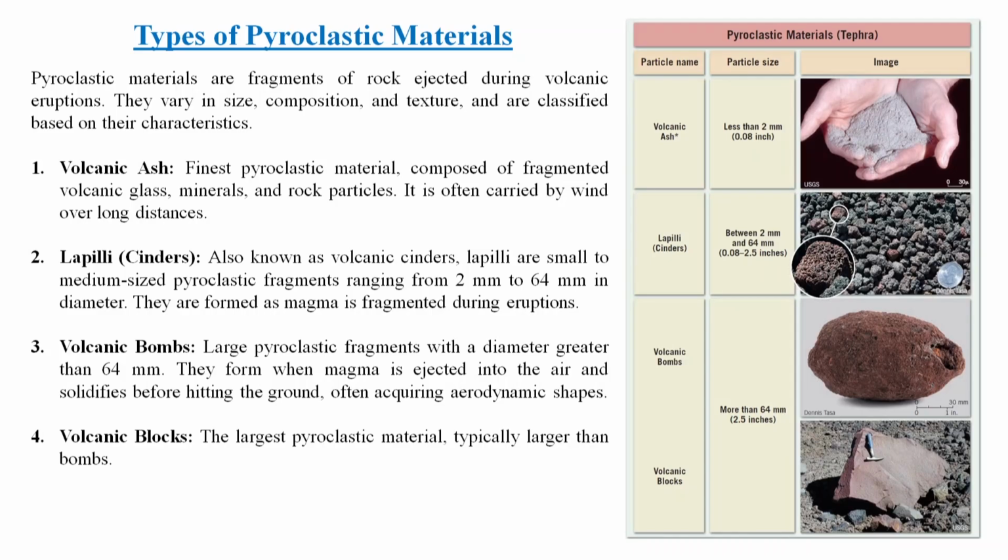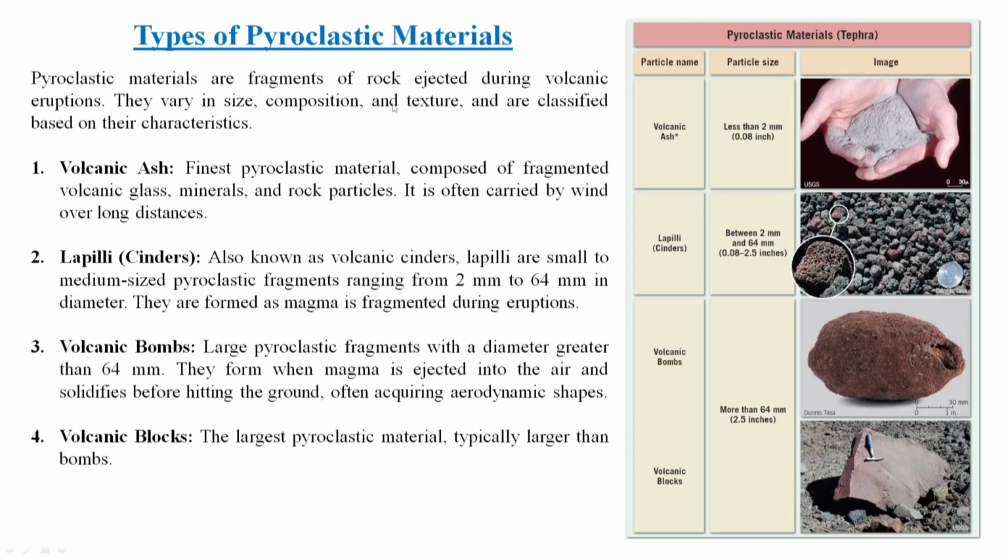So there is a transportation factor involved in the generation of pyroclastic material. Clastic means they are getting transported, and pyro means born out of fire. So that's a very appropriate term to define the solid materials derived from a volcano, which are referred to as pyroclastic material.